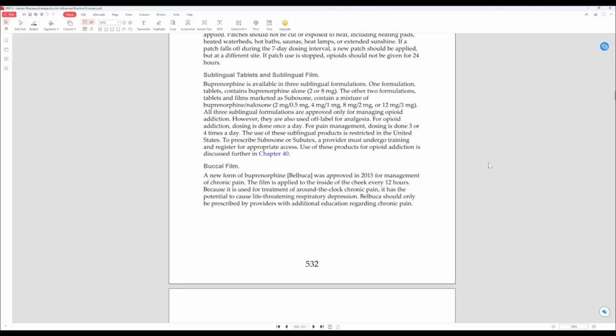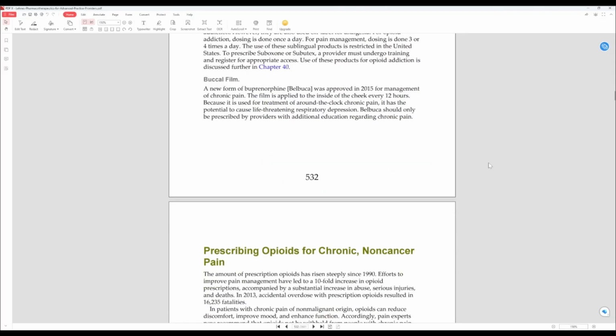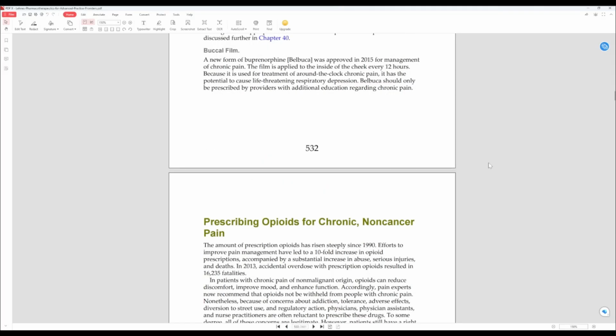The use of these sublingual products is restricted in the US. To prescribe Suboxone or Subutex, a provider must undergo training and register for appropriate access. The use of these products for opioid addiction is discussed in further detail in Chapter 40. A new form of Suboxone by the name of Belbuca was approved in 2015 for the management of chronic pain.